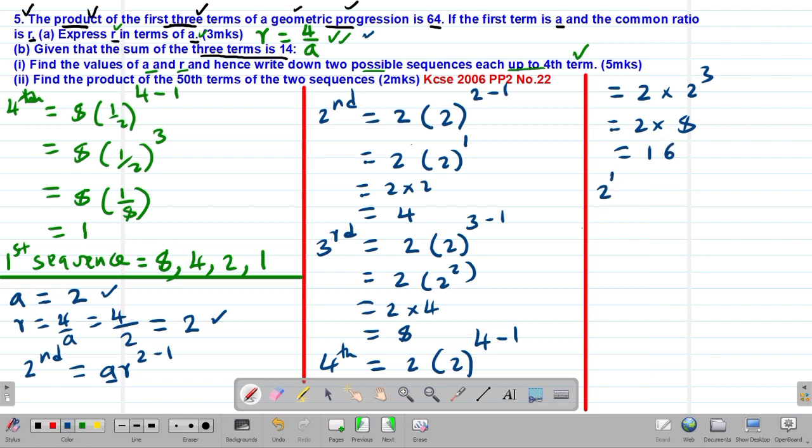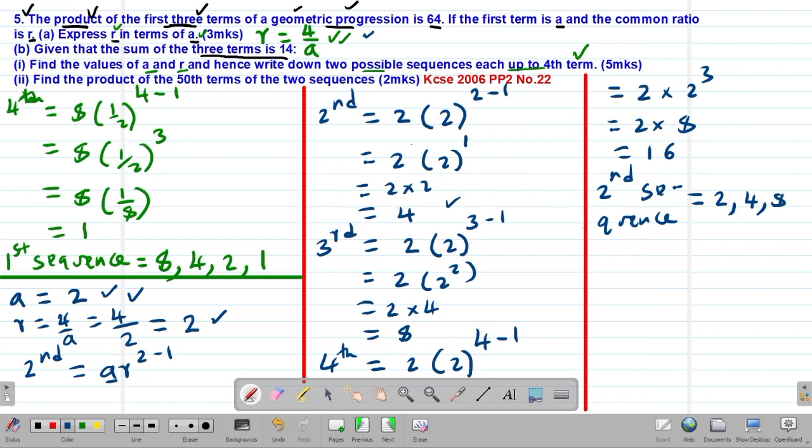Therefore, the second sequence will be given by, the first term is a, which of course is 2. The second term, we got it as positive 4. Then our third term is positive 8.